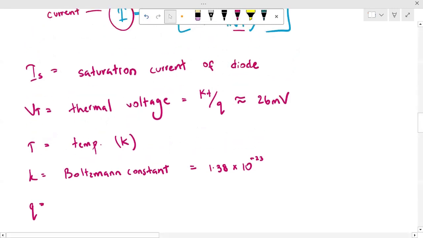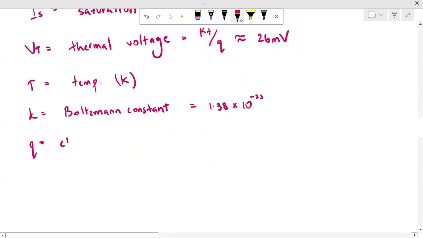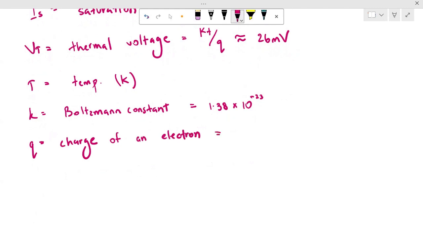And q is the charge of an electron, which is equal to 1.6 into 10 to the power minus 19 coulombs.